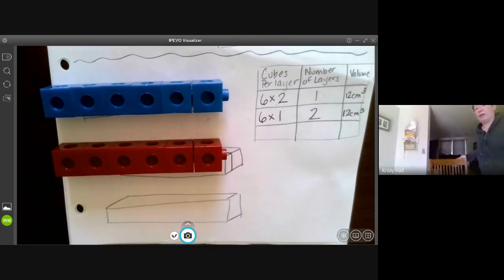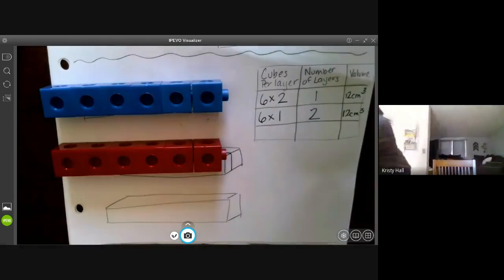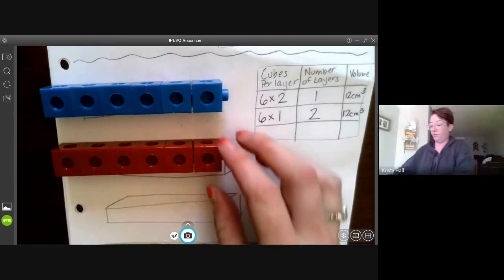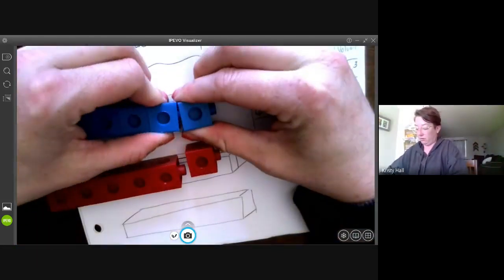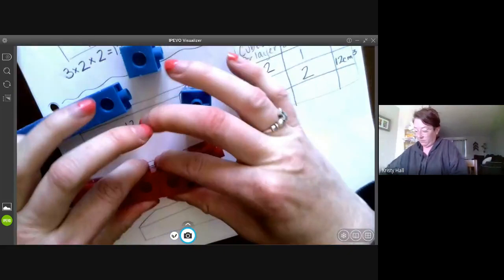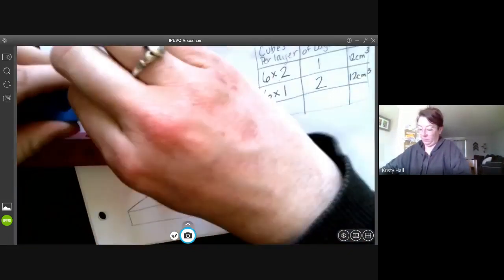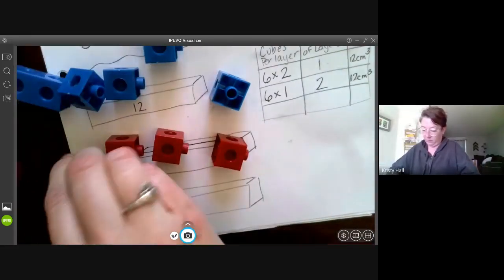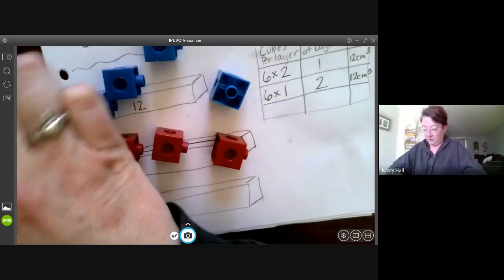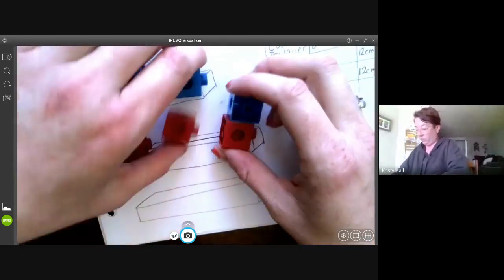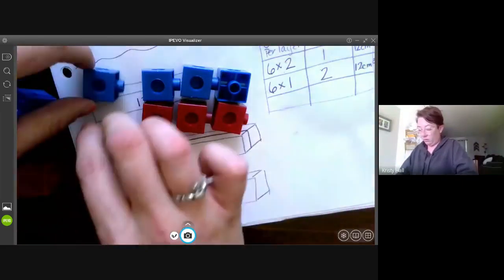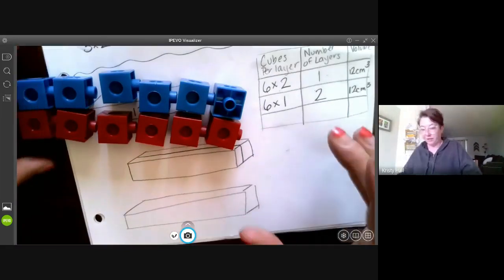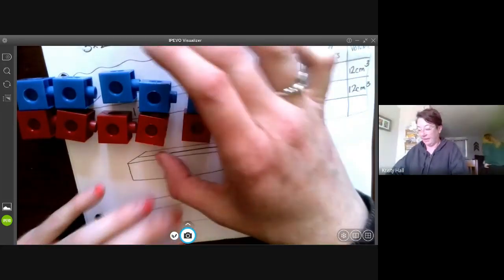Okay. Now the next one we're going to do is we are going to partition side to side. So this time we took the figure and we partitioned it side to side.